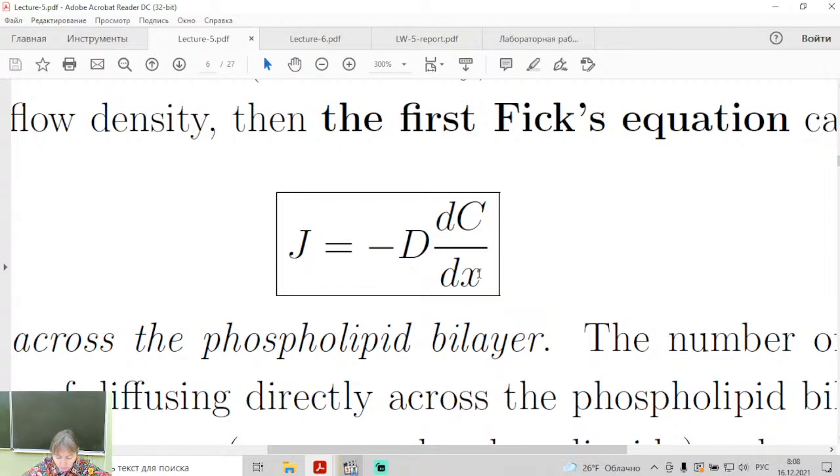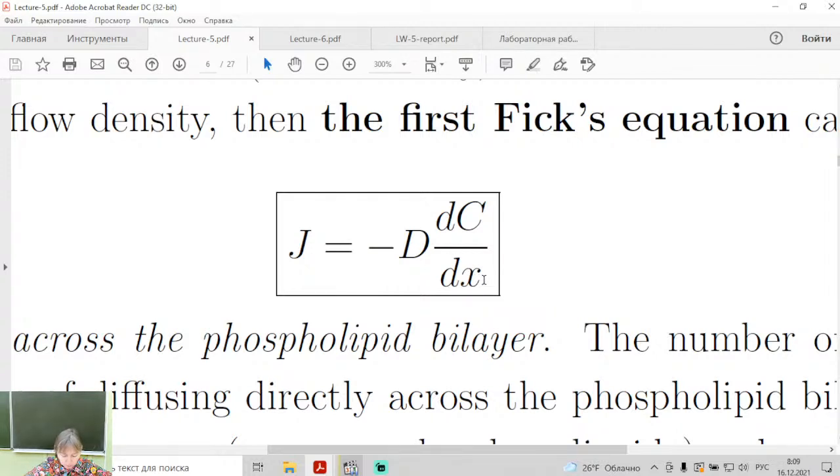The number of substances which are capable of diffusion directly across the phospholipid bilayer is very limited. These are some gases, for example oxygen and carbon dioxide, and non-electrolytes which are soluble in lipids. Most substances that are transported across the membrane cannot diffuse across the phospholipid bilayer.